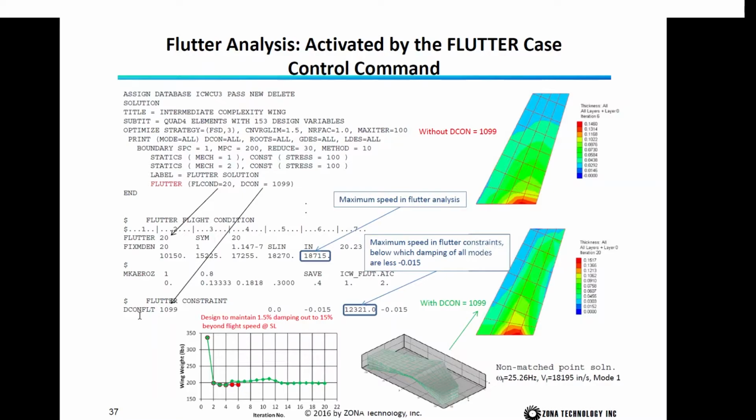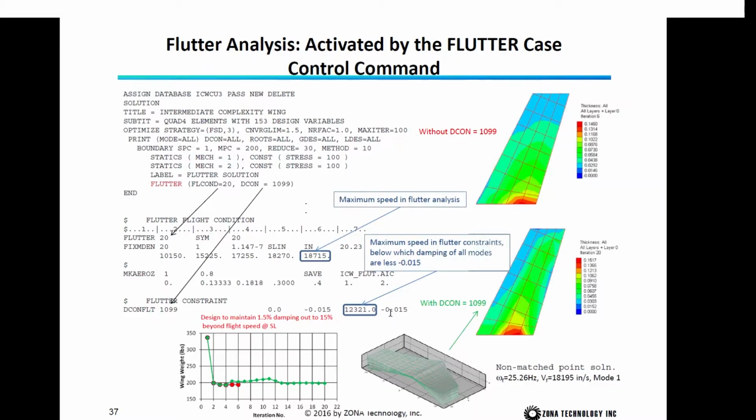called DCONFLUT, and meaning that for velocity from 0 to 12,300 inches per second, the damping of all modes must be less than 0.015.